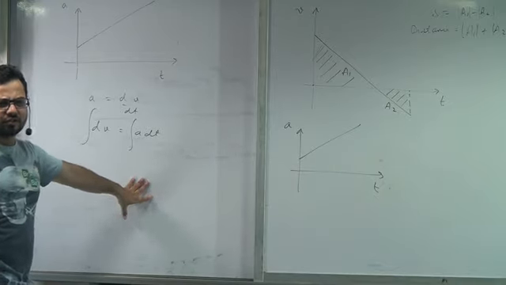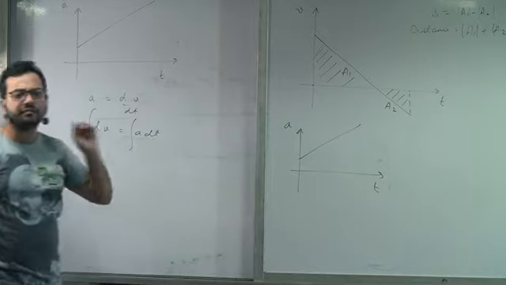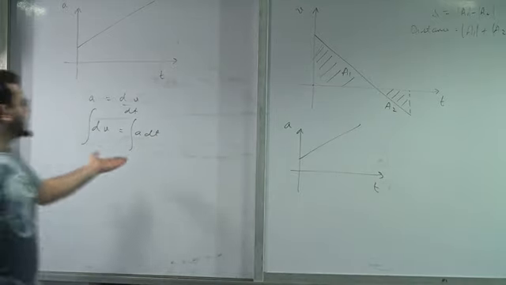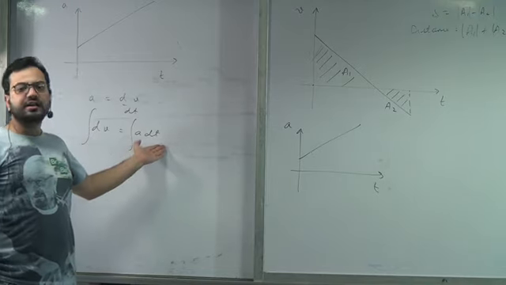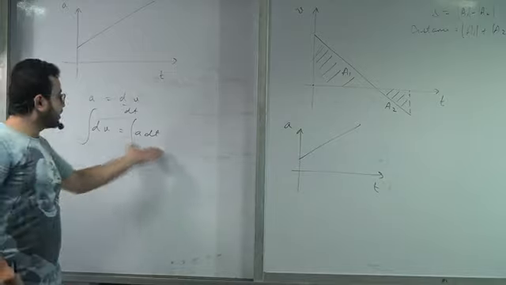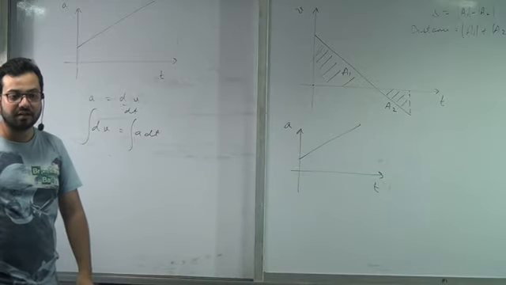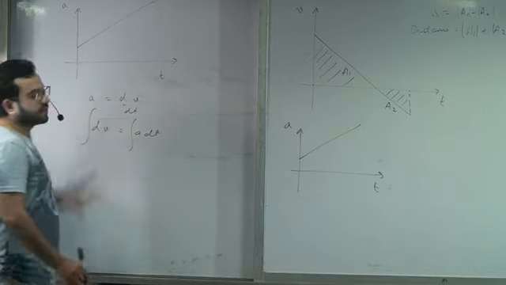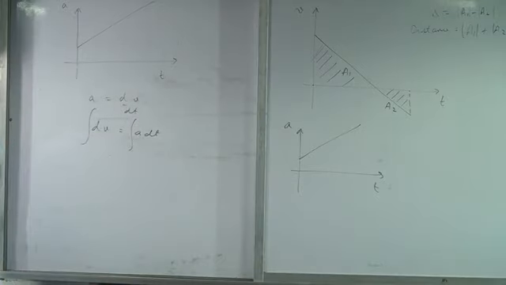It does not matter whether a is constant or not, but integral of a dt will give me what? The area under the AT curve. Integral v dt gave me the area under the vt curve. Integral a dt means the area under the AT curve. What is the integral of dv?